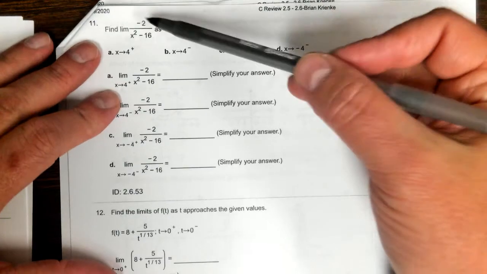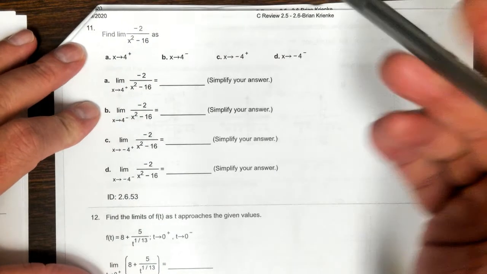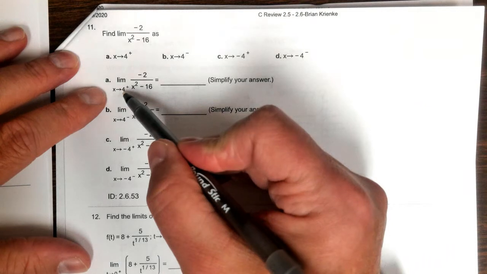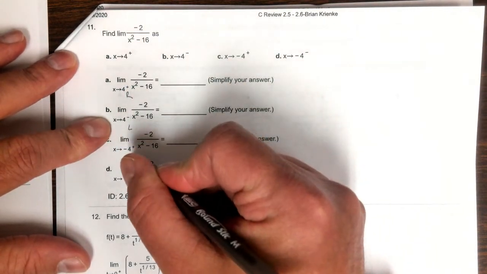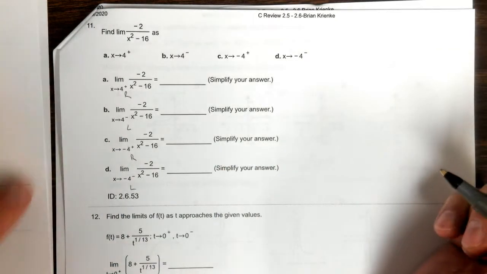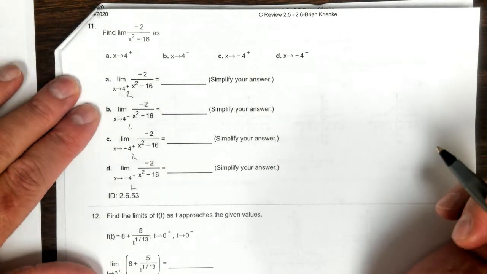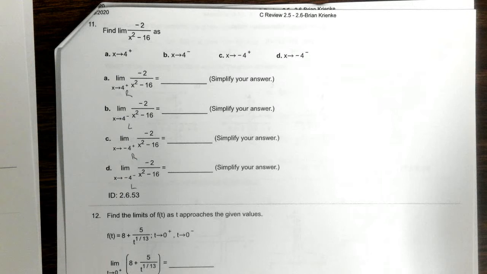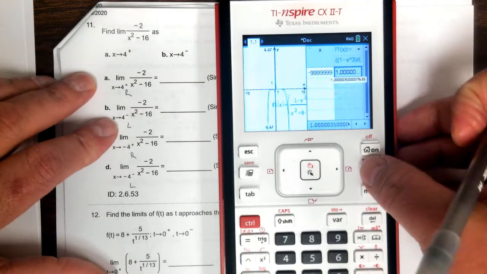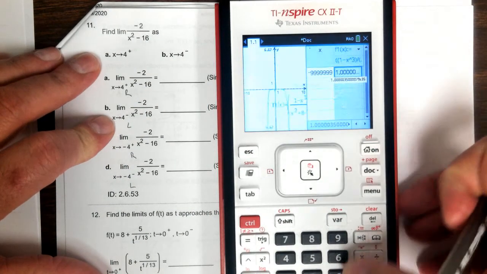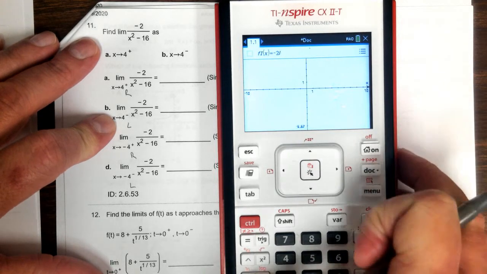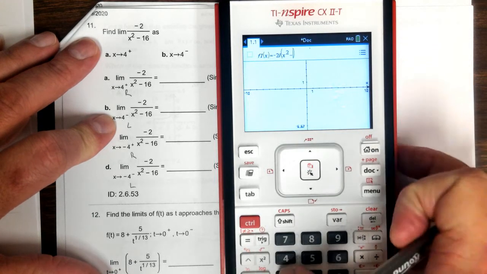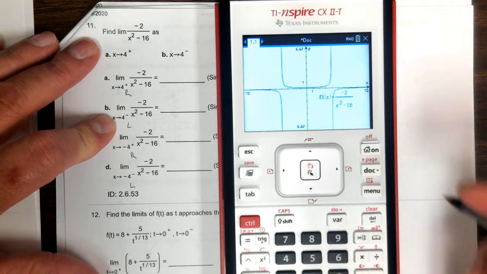Okay, on our next one, we have negative 2 over x squared minus 16. And you're going to 4 from the right, then 4 from the left, then negative 4 from the right, and negative 4 from the left. So basically we just want to graph this: negative 2 over parentheses x squared minus 16. And so there's your graph.